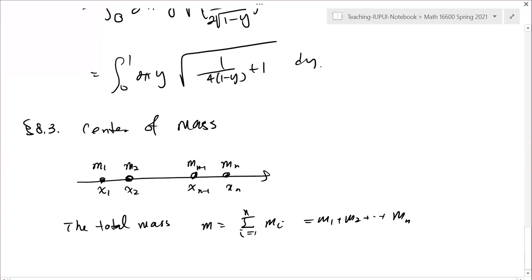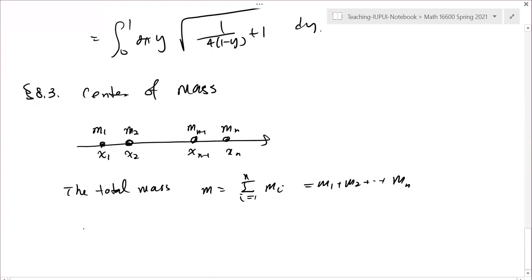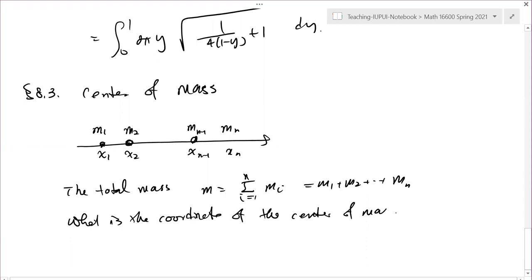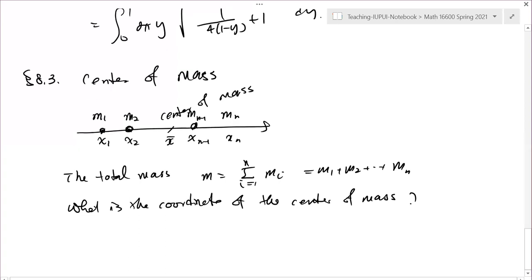My question is, what is the coordinate of the center of mass? So this coordinate is somewhere here, right? x bar. This is the center of mass.